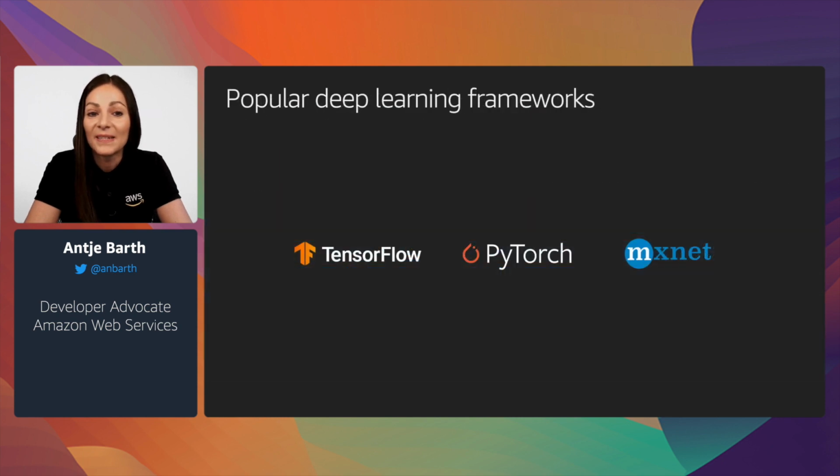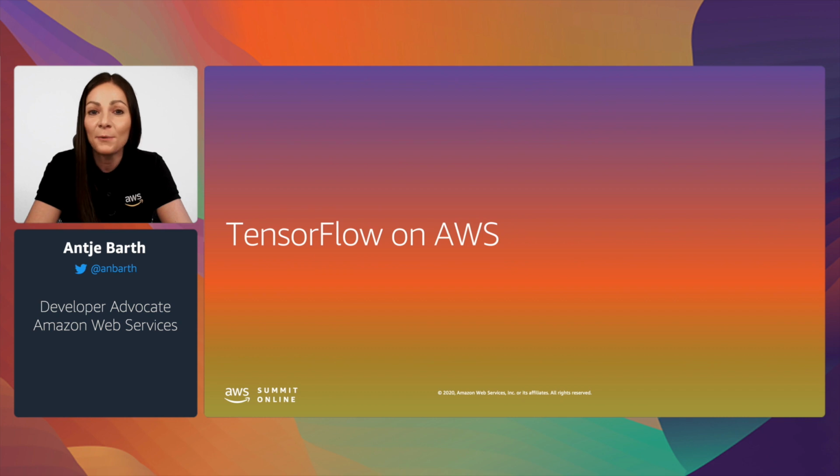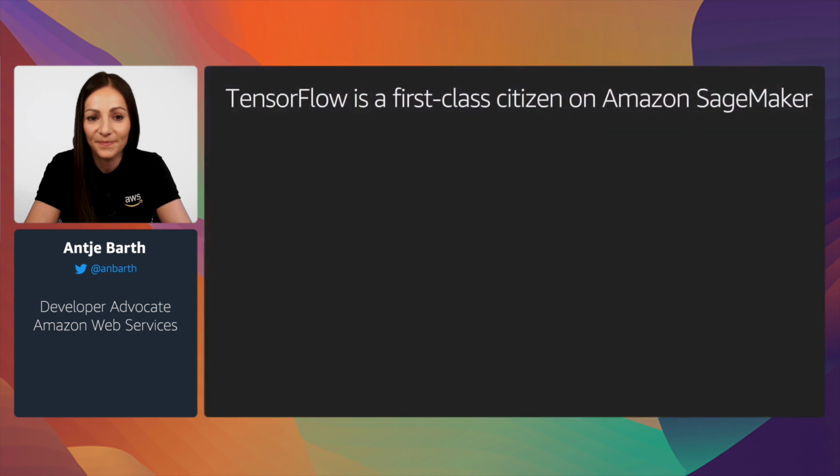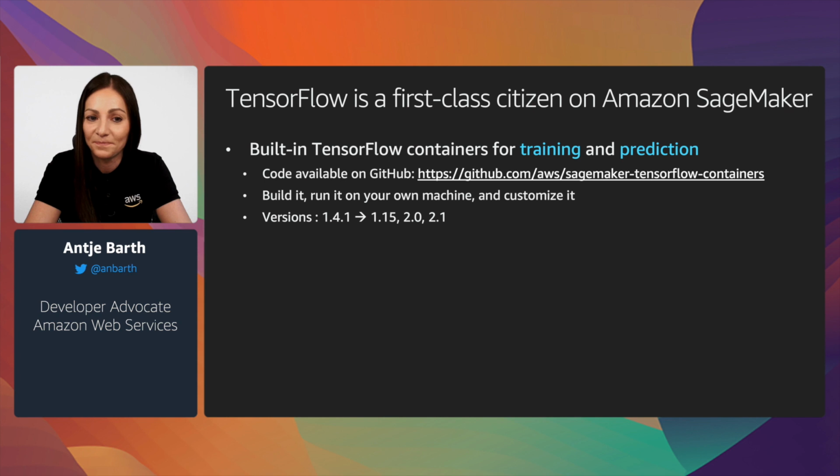Let's have a look at popular deep learning frameworks. In AWS, it's really all about giving you the choice to pick the right tool for the right job. Having said that, we definitely see TensorFlow, PyTorch, and MXNet among the most popular frameworks. So let's have a quick look at how you can work with TensorFlow on AWS. TensorFlow is really a first-class citizen on Amazon SageMaker. We provide built-in TensorFlow containers for both training and prediction, and you can find the code available on GitHub.